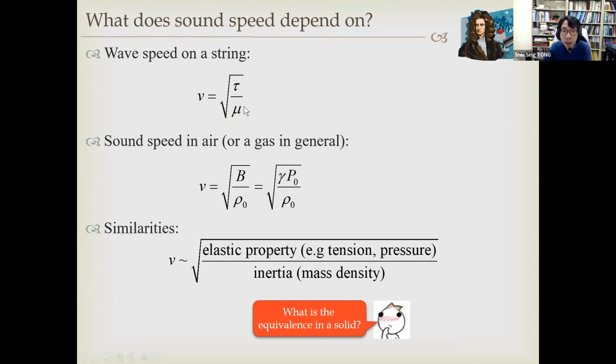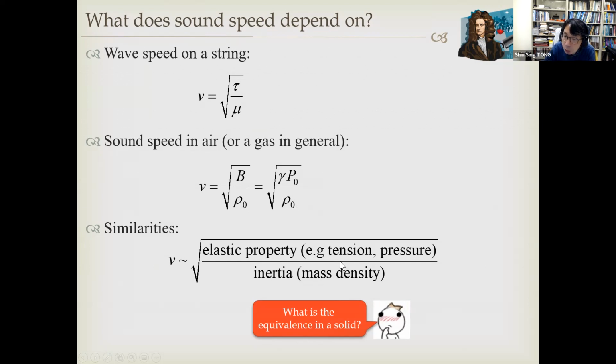Okay. Now, when you look at these two formulas, you find some similarity. Although the quantities are different for different media, there is some similarity there. The similarity is that it is the square root of something divided by something. And that something in the numerator is always the elastic property of the medium.